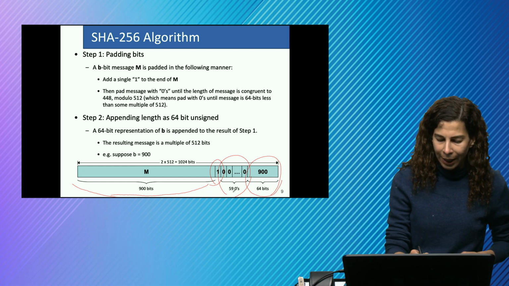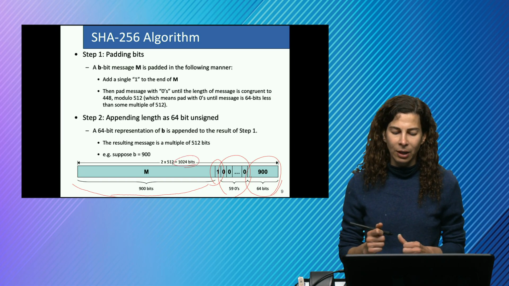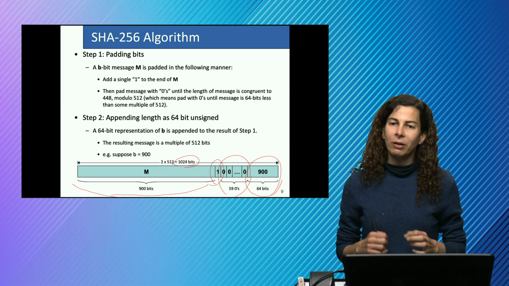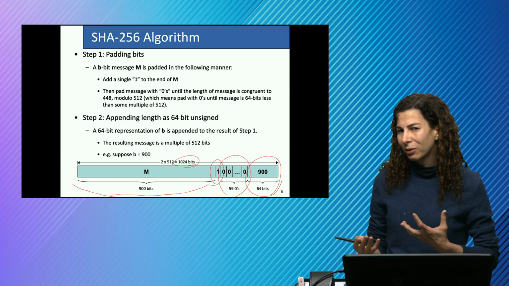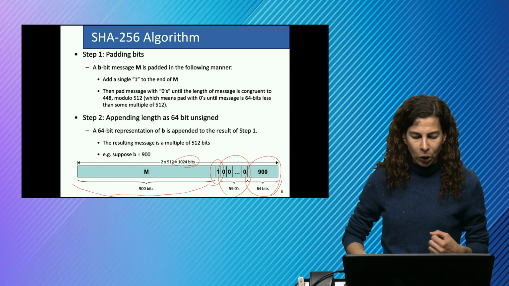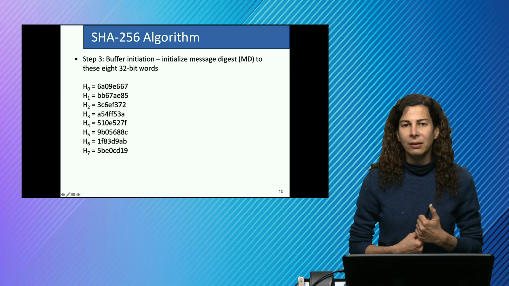So if we had 900, we get with this procedure to 1024 bits, which means that we have two 512-bit messages. And remember, every time we're running the SHA algorithm, we're going to insert one of the 512-bit messages.